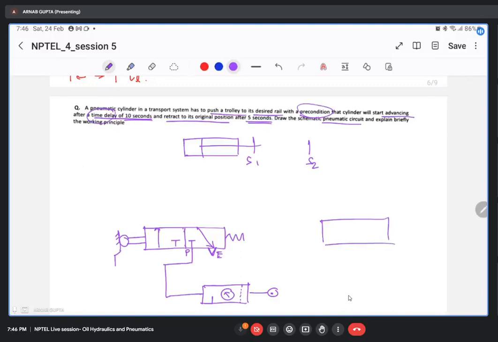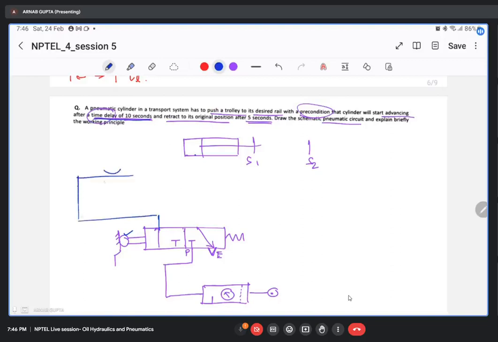I don't have enough space here. We'll first complete this circuit. Now if you directly connect this to this cylinder, then it would be normal extension. But the question asks that once you activate this particular valve or switch, it will start advancing after a time delay of 10 seconds. You should put one time delay valve.